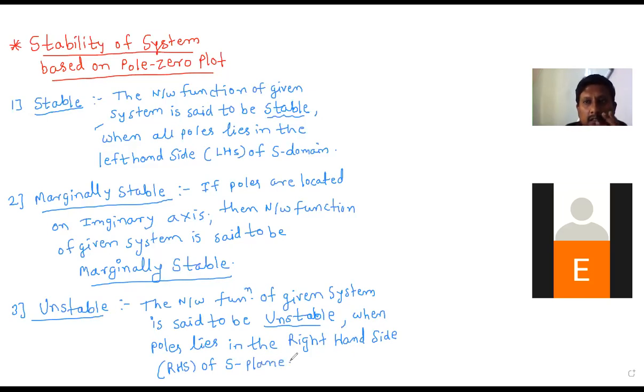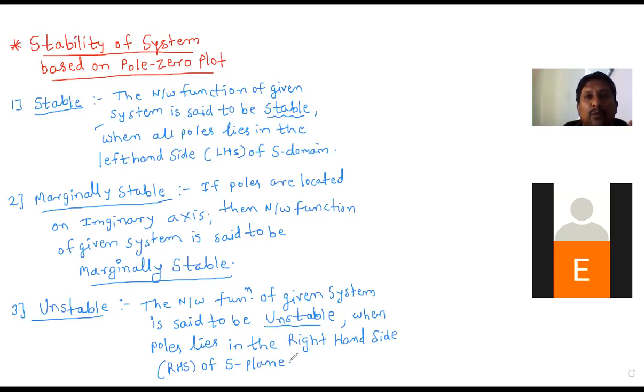So these are the important conclusions we can get from the poles and zeros plot. We can predict whether the given system is stable, marginally stable, or unstable. First, we should know the transfer function, the driving function or network function.